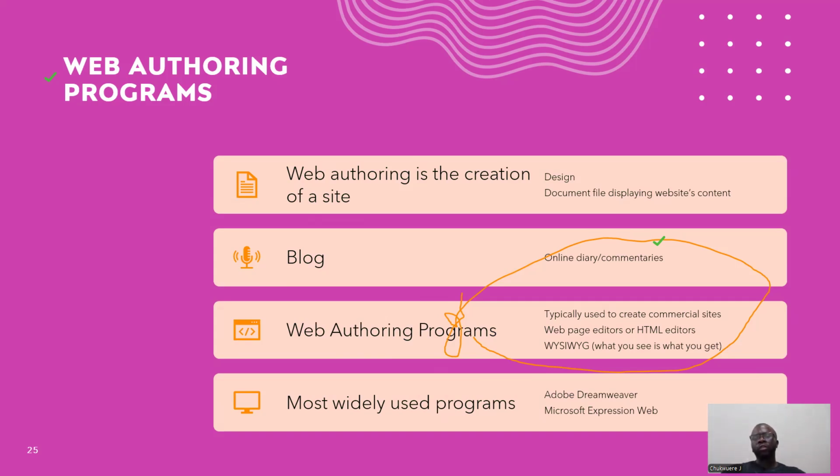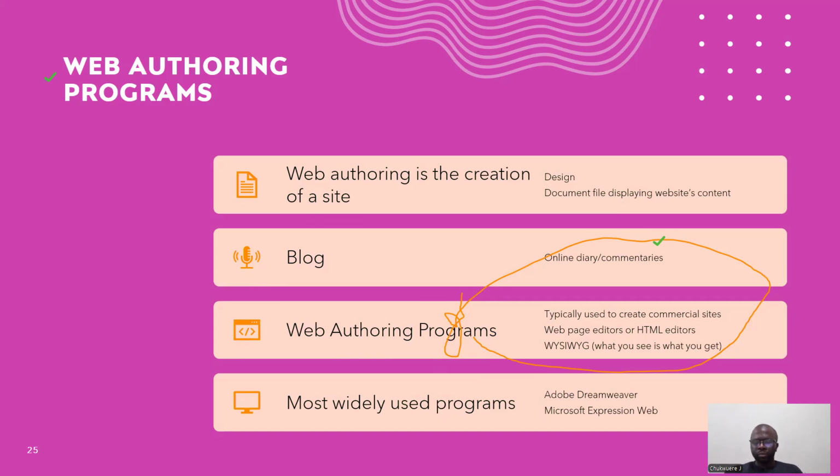Okay. These are all part of what is done within web authoring programs. They are also typically used to create commercial websites, individual personal websites, and so many other things, which allows that website to be designed with a web editor like HTML.